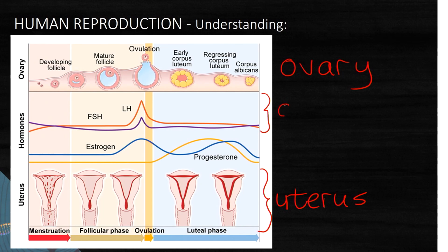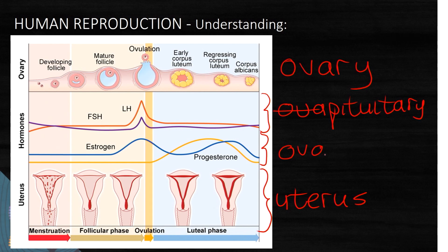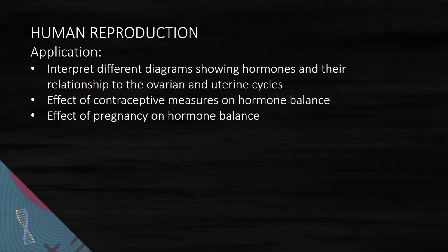Those are the pituitary hormones, which control the whole cycle, and these are the ovarian hormones, which are the way the ovary communicates with the uterus.